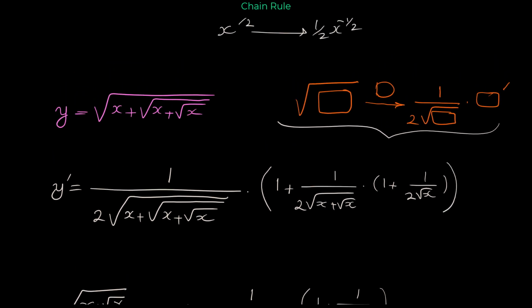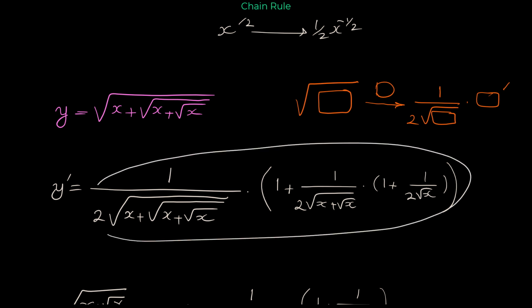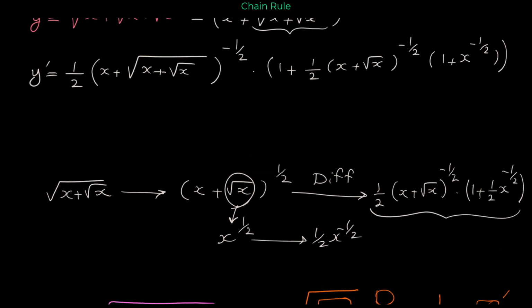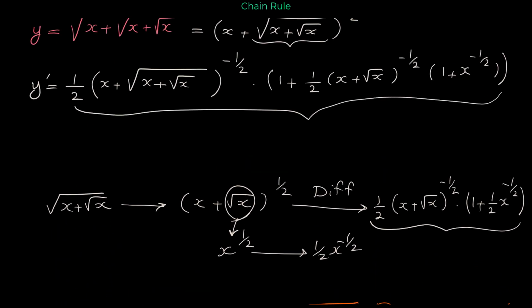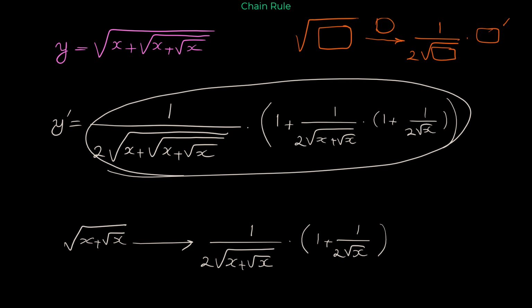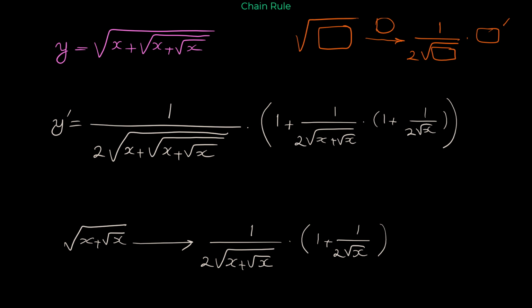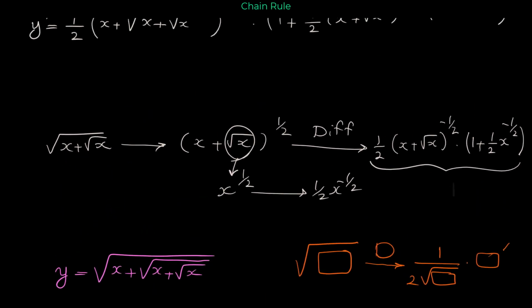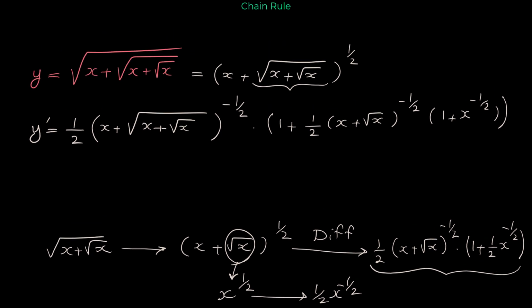If you pay attention, this answer here and the answer that we had before are actually the same, but I prefer this answer because the given question is in the radical form, and our answer here is also in the radical form, and we don't need to convert these negative powers back to the radical form again.